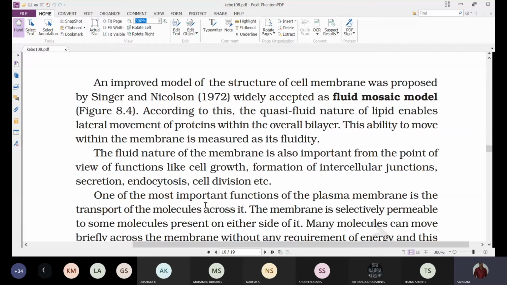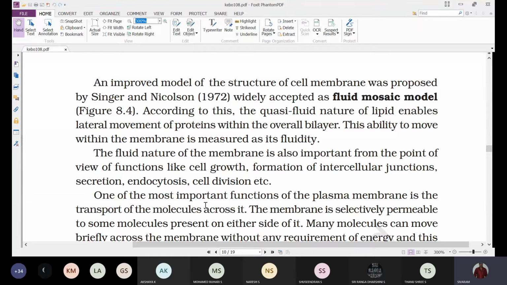So the quasi-fluid nature of lipid enables, that means the reason this protein molecule is able to move within the cell membrane is only because of the presence of lipid molecules within the cell membrane. The quasi-fluid nature of lipid enables the lateral movement of proteins within the overall bilayer.